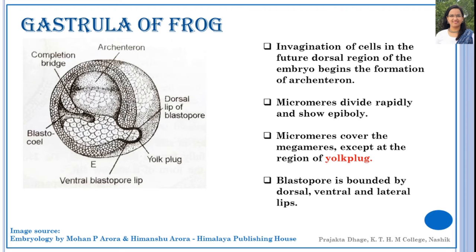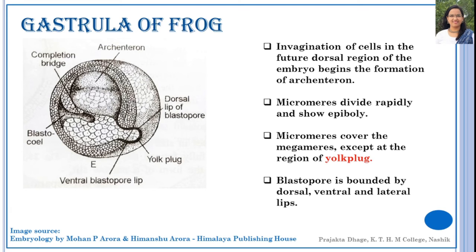During this process, megameres are covered by the micromeres, except at a place called the yolk plug. If you see these megameres, they are all covered by the micromeres, because the micromeres are moving over the megameres.